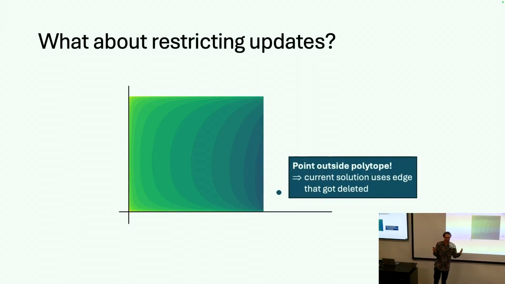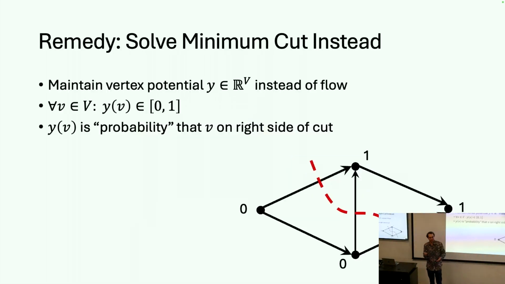And the solution to this is just not to solve this problem, but to solve minimum cut instead. So maybe you've heard at some point that there's this duality between max flow and min cut. And if you solve minimum cut instead of maximum flow, you again have the property that a cut remains feasible.